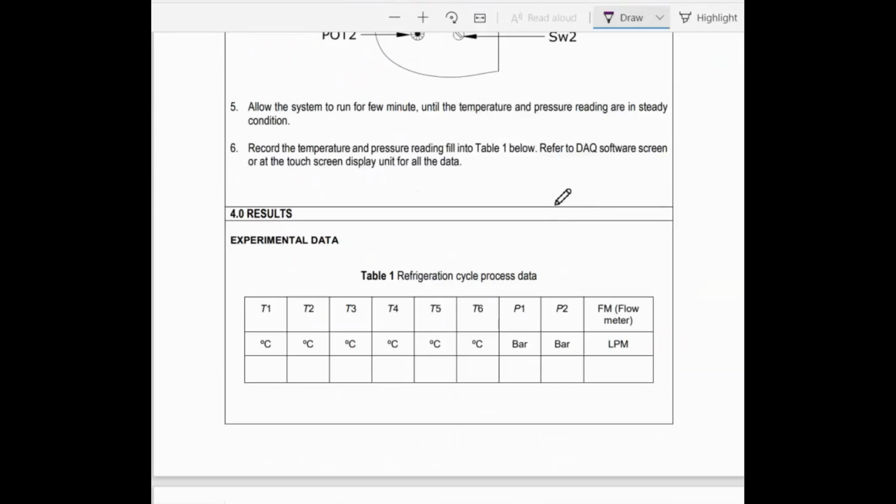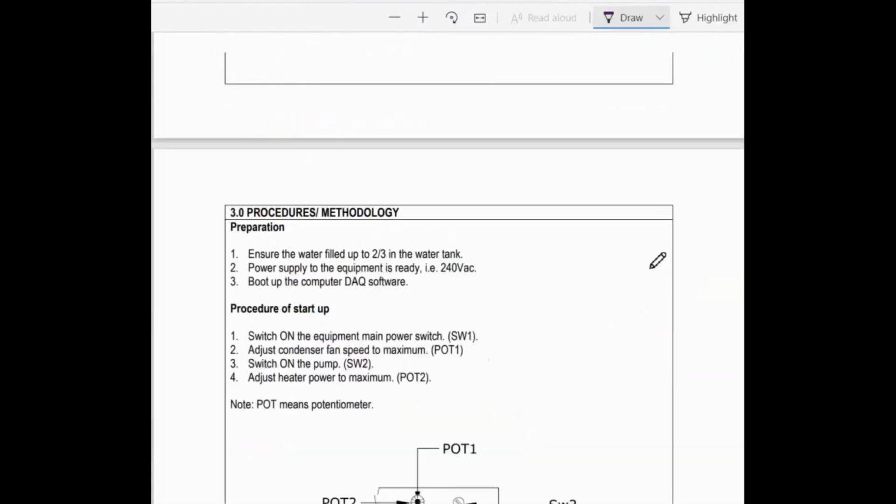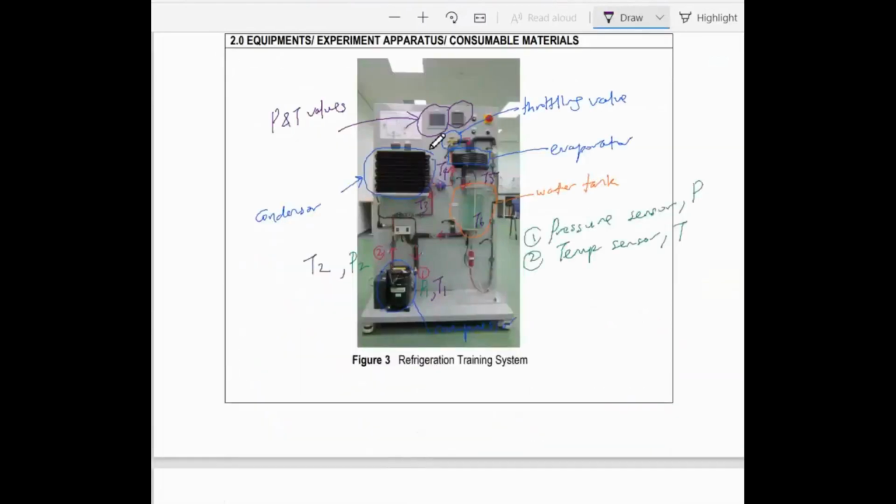In the panel there are values of T1, T2, T3, T4, T5 and T6, and also P1 and P2. The flow meter in LPM is right here.